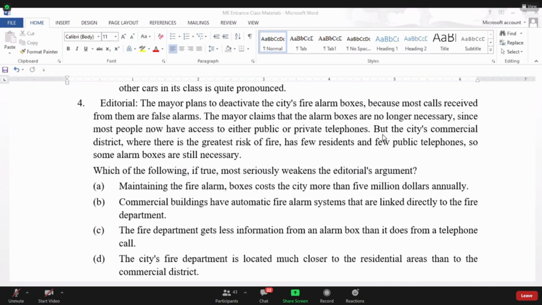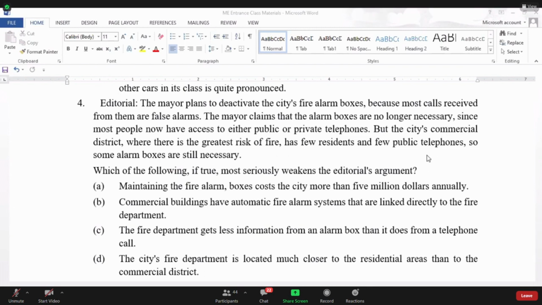But the city's commercial district, the city's commercial area, where there is the greatest risk of fire, has few residents.